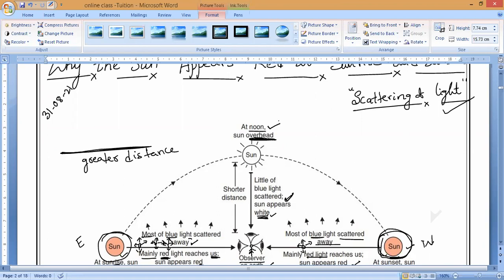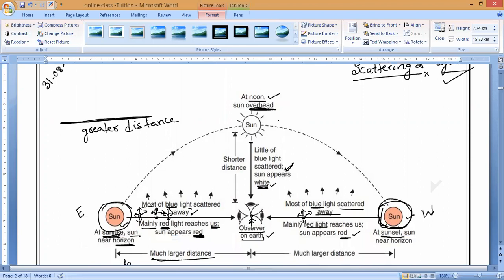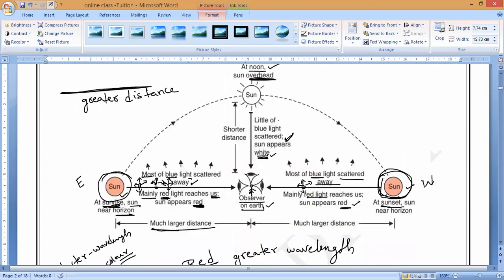Midday, in the sense of noon time or afternoon time. Why the sun appears white, we are going to study now. So observe very carefully. Why the sun appears white when it is overhead in the sky means when the sun is overhead. All of you remember, overhead means at what time?